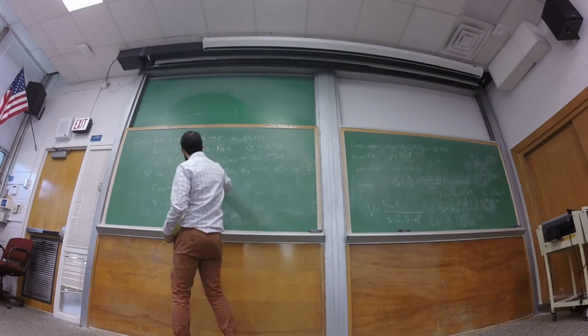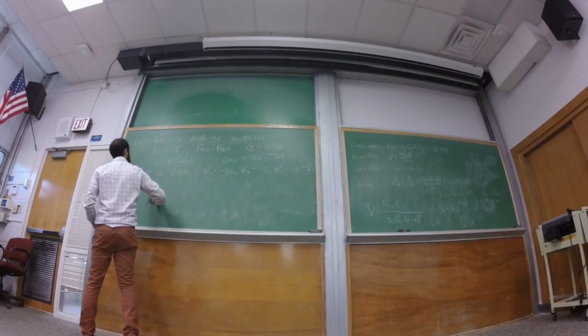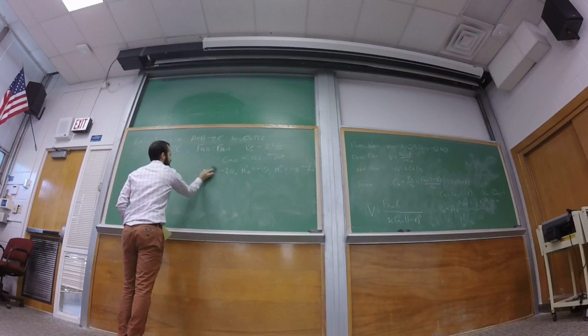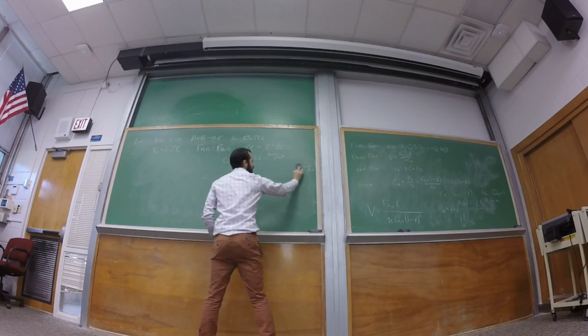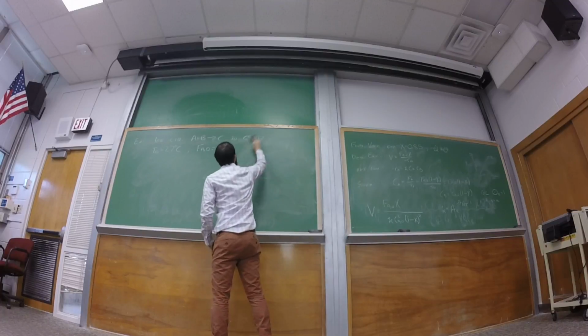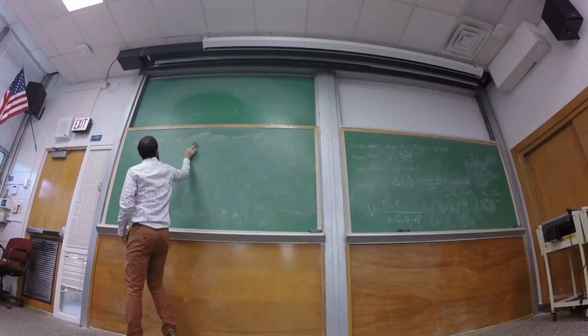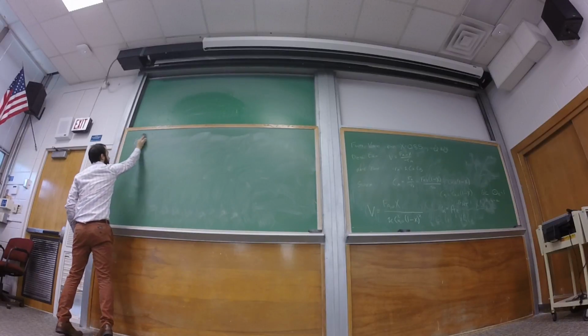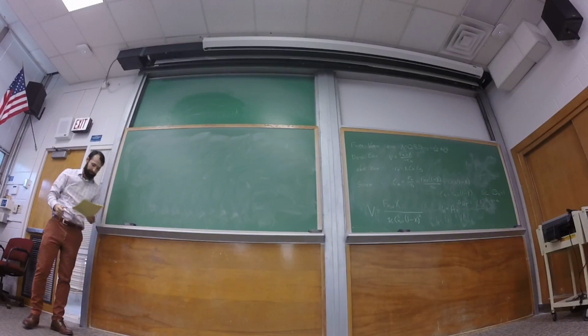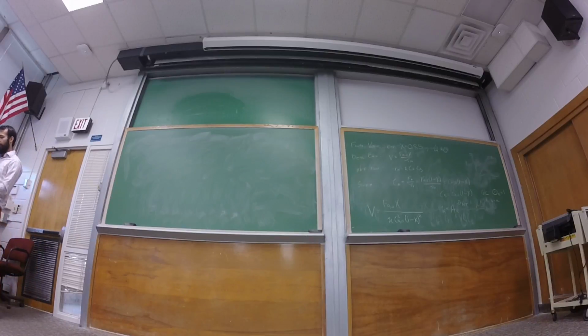All right, what do we do next? Energy balance. Is that needed if we already have X? Yeah, because the temperature changes. Do you know what the temperature of the reaction is?